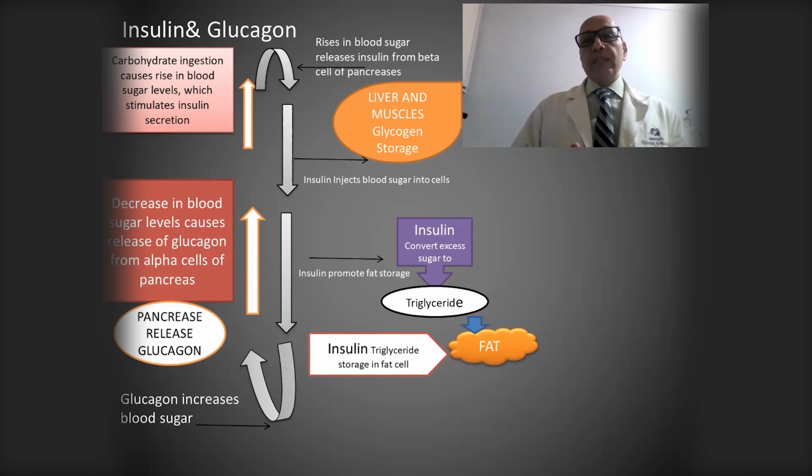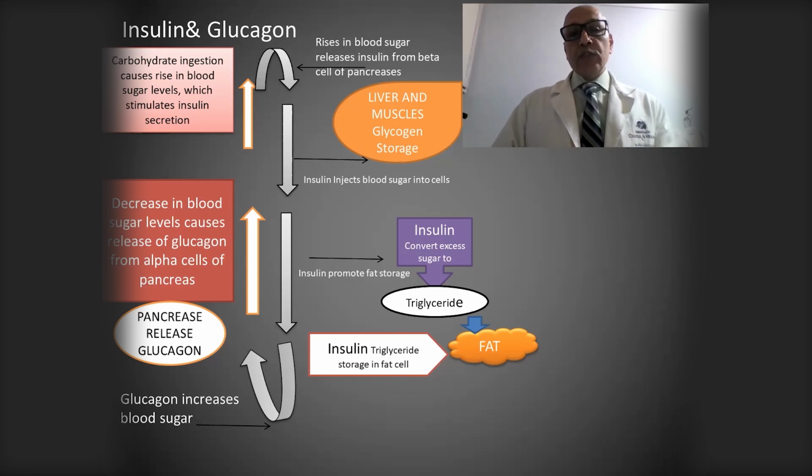It is very important and vital to maintain a specific blood sugar. If it's too low, it's going to shut down your brain. If it's too high, it's going to damage your organs. And you've got to be in between, in the middle.